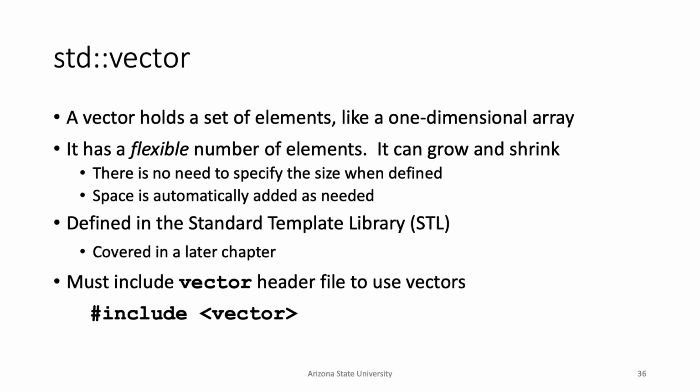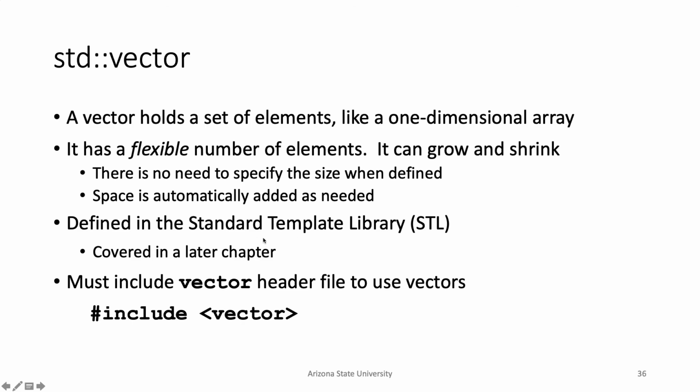You can have a vector of ints, a vector of strings. You can have a vector of vectors if you wanted to. In some of my code, I've had a triply nested vector, so a vector of vectors of vectors of ints before. So it's super easy to write down, and it's just super powerful.